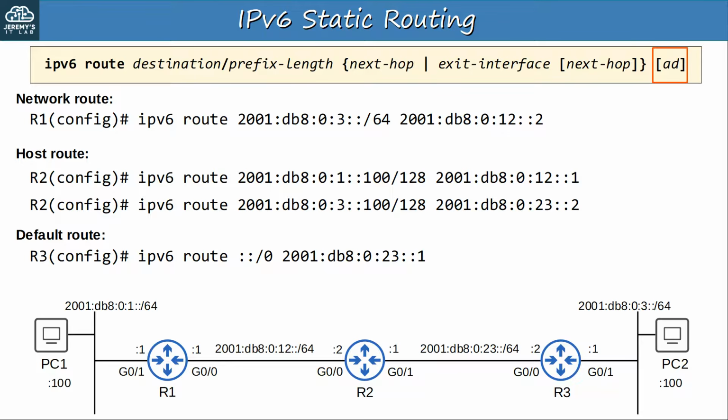If the main route to the destination was learned via OSPF, for example, you'll need to set the static route's AD to higher than 110, because OSPF's AD is 110. If the main route to the destination was learned via EIGRP, on the other hand, you'd need to set the static route's AD to higher than 90, because EIGRP's AD is 90. Always set the AD to higher than the main route.